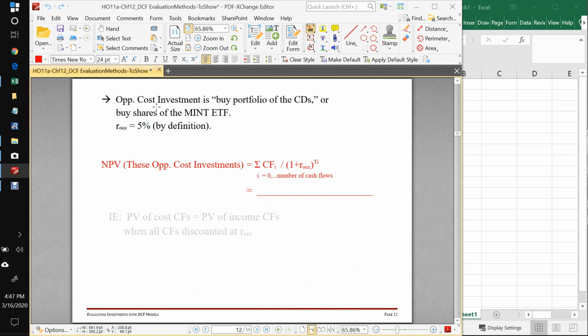Okay, so in this case, our opportunity cost investment is going to be to buy a portfolio of the CDs or buy shares of the Mint ETF. In either case, we've found from our research that those have a discount rate, yield rate of 5%.